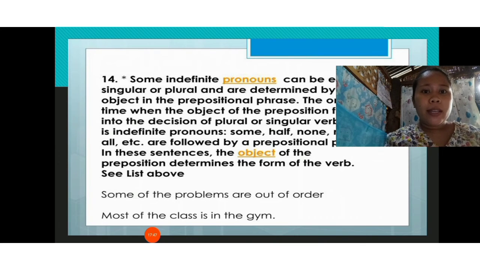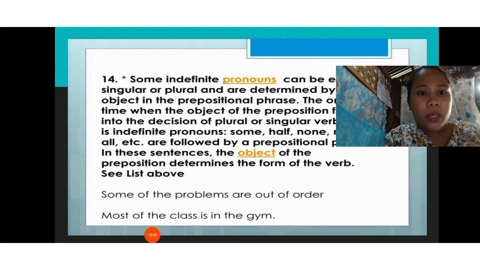And next sentence, most of the class is in the gym. Our subject in the sentence is the class. Let's say that the class consists of many students, but it is taken as a whole.